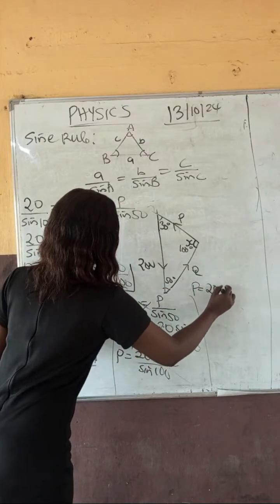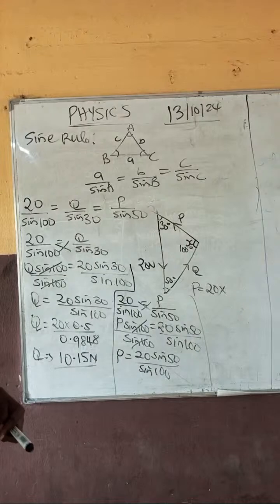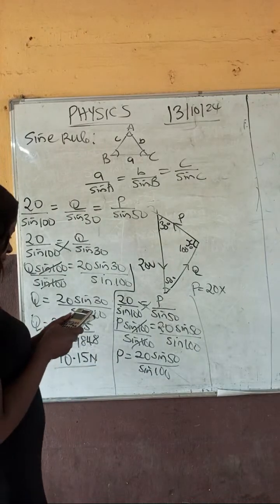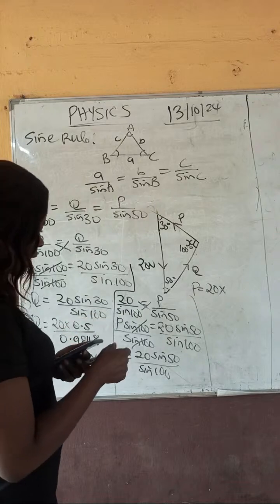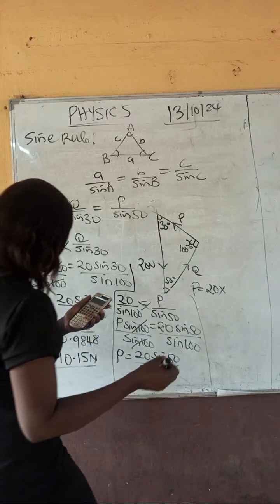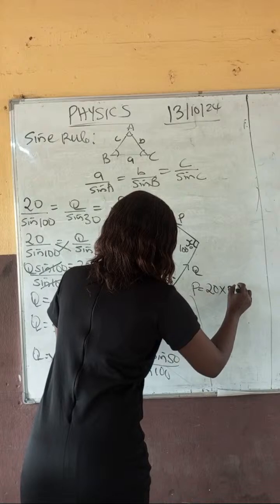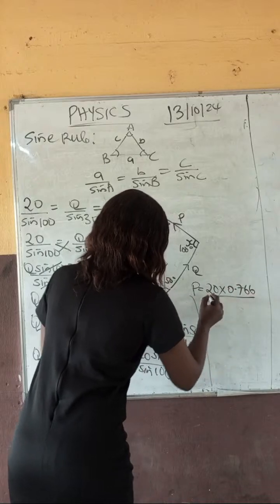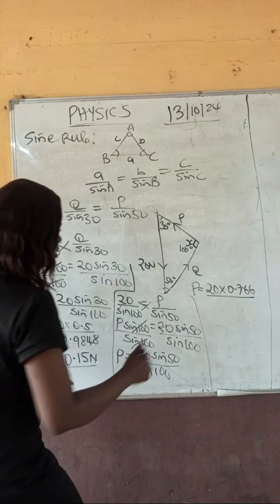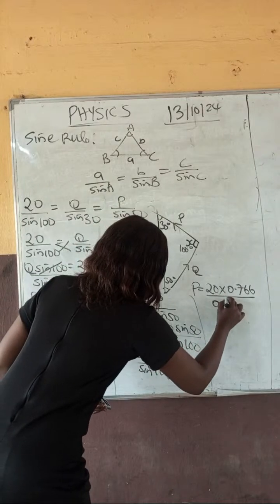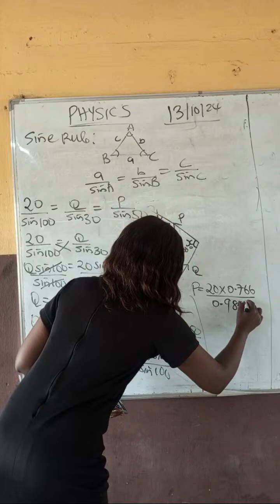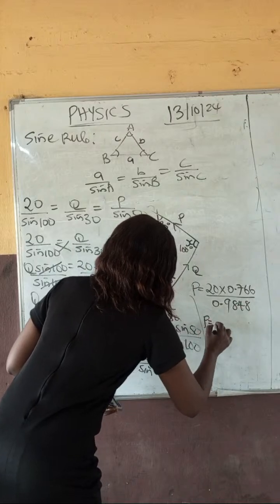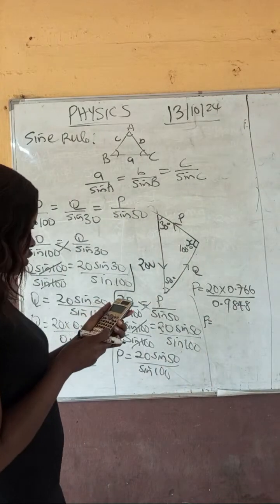This is 20 times, with our calculator, sine 50, which is 0.766, then divided by sine 100, and we've gotten that before, to be 0.9848.